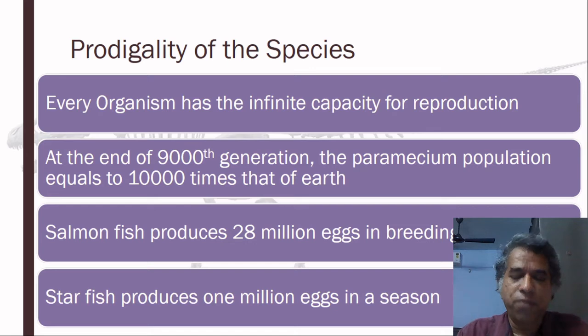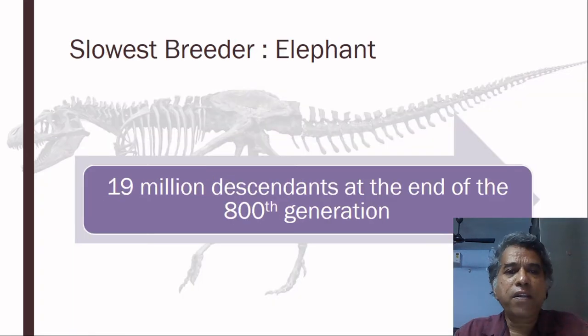I will try to give one more example. Elephant is a slowest breeder. That means the gestation period of elephant is very long, and each female elephant may give birth to 7 to 9 baby elephants in its lifetime.